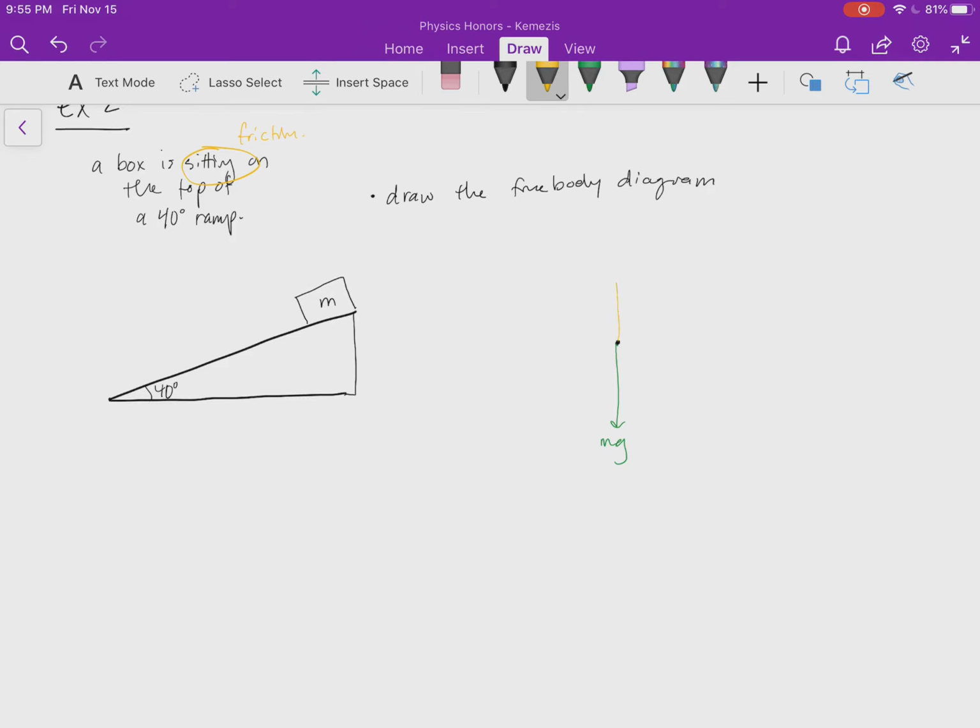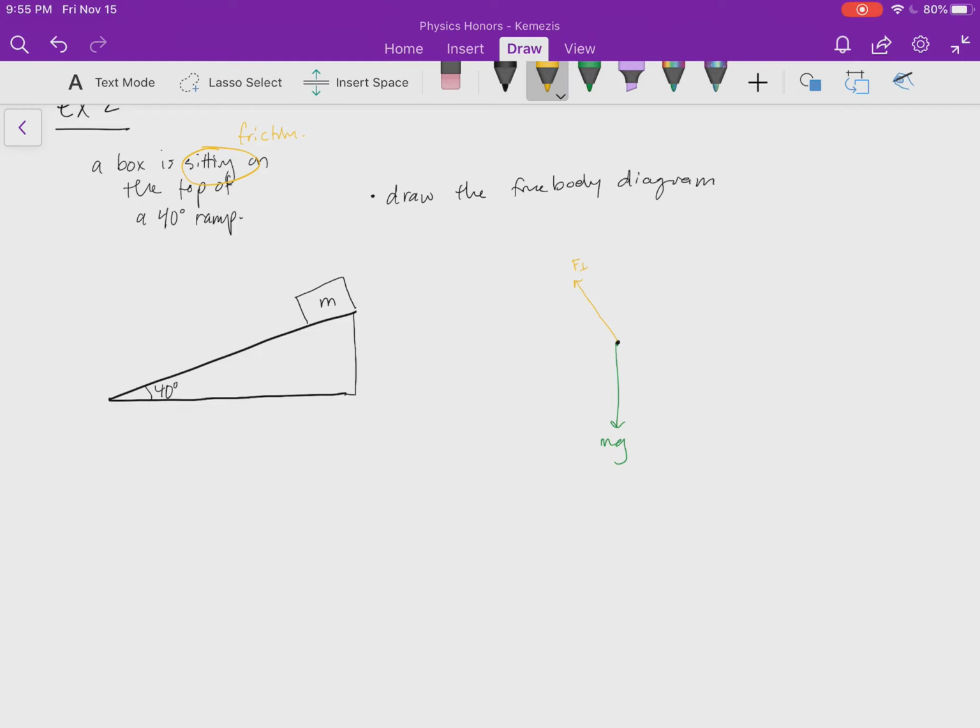So in previous examples, the normal force would go straight up because it was on a flat surface, but in this case, our normal force has to be perpendicular to the surface that the box is sitting on, because that's how we define the normal force. Okay, so that's the first thing that we change.